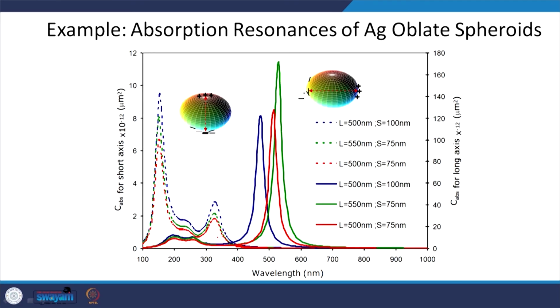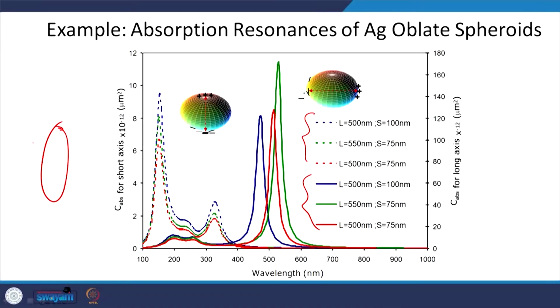If you want to study oblate spheroids, you can see that for the short axis you have these ones, and for the long axis you have longer resonance wavelengths. So, this is absorption for the long axis. For the same sphere, it will have two resonances, one along the long axis, one along the short axis. And by measuring both, you can use it for sensing again by choosing different polarizations.